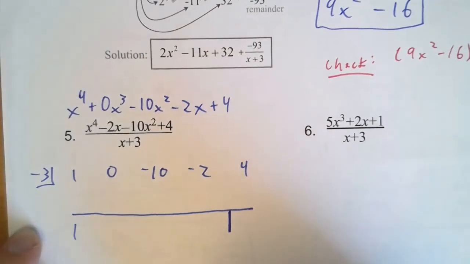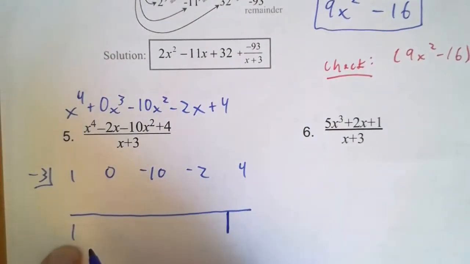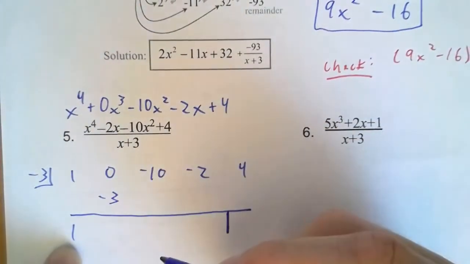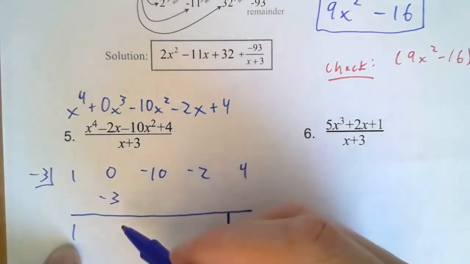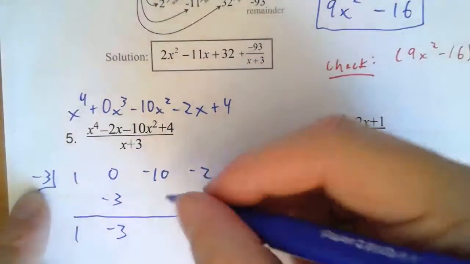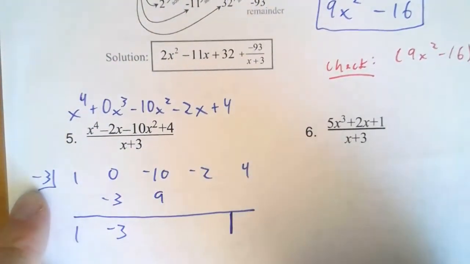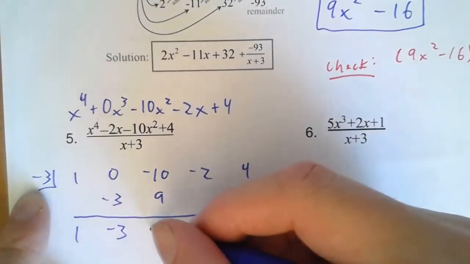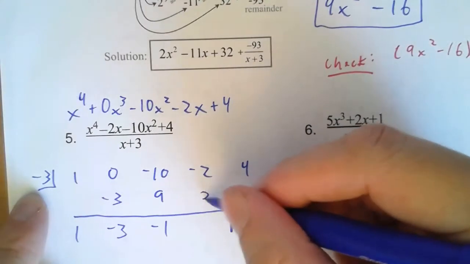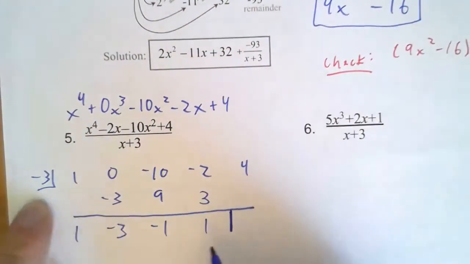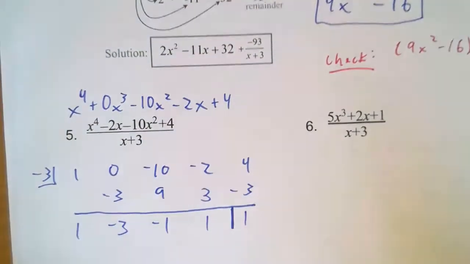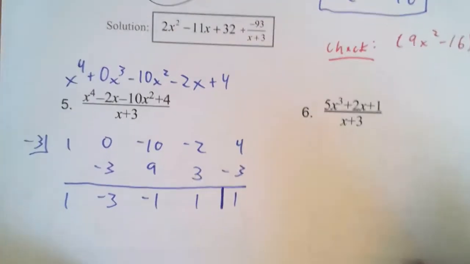All right, and then we remember the process. 1, we multiply by negative 3, and then add negative 3. Then we multiply, that's positive 9, and add negative 1. Multiply and add. Multiply and add. So this one doesn't have a remainder of 0, that's fine.